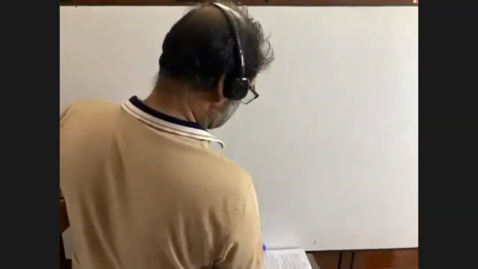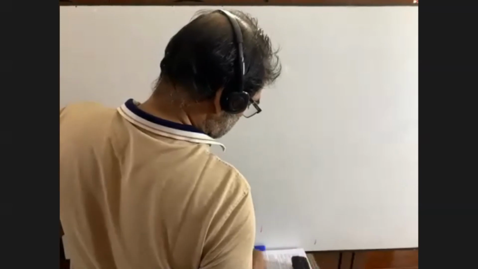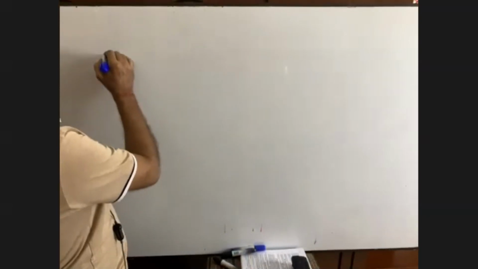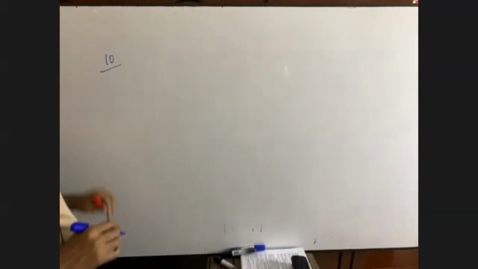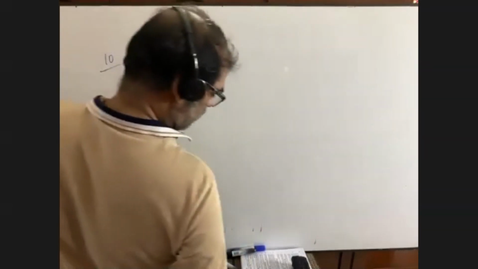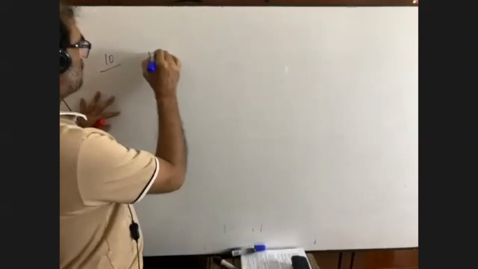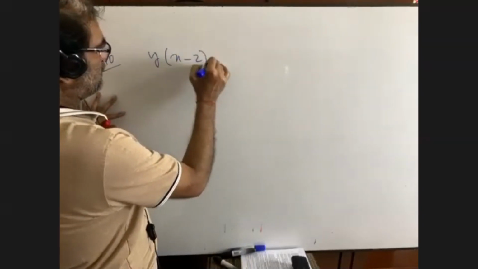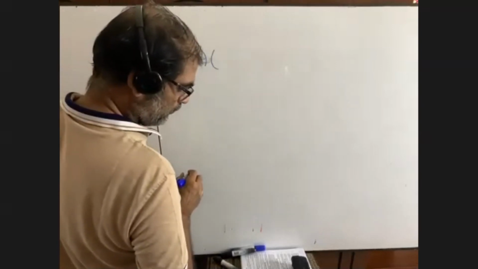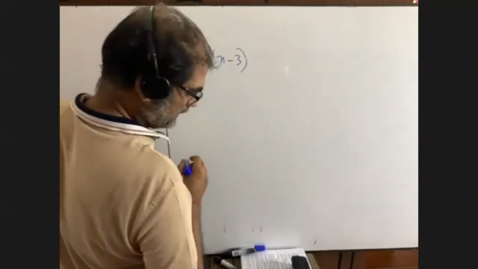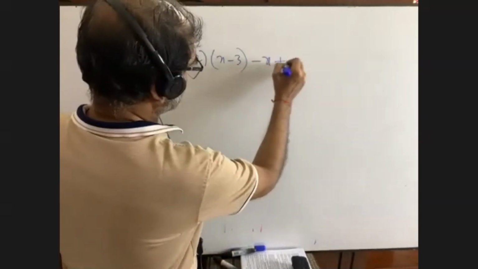Okay, we are going to another math. Find the equation of the tangent and normal at the point, number 10. We are about to complete this exercise. Find the equation of the tangent and normal at the point where y equals (x minus 2)(x minus 3), then minus x plus 7 equals 0.